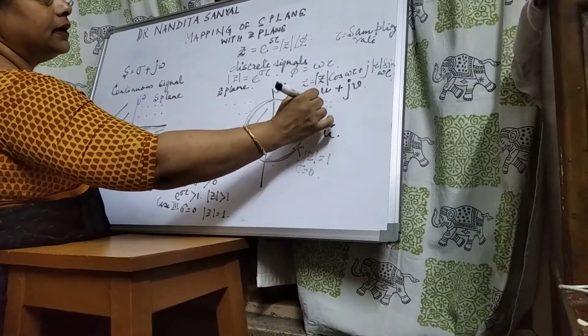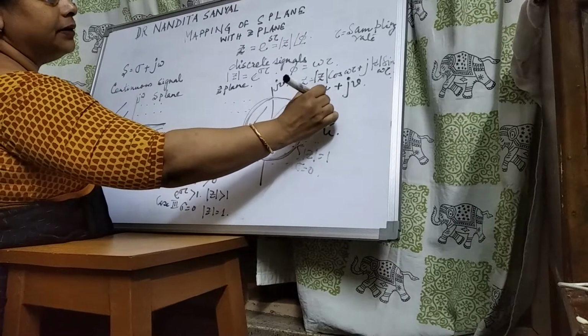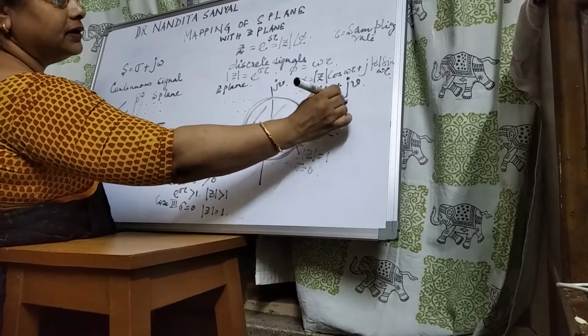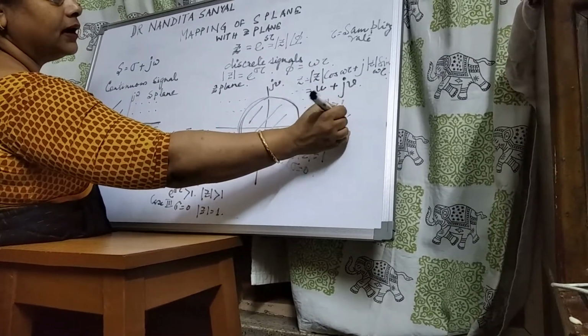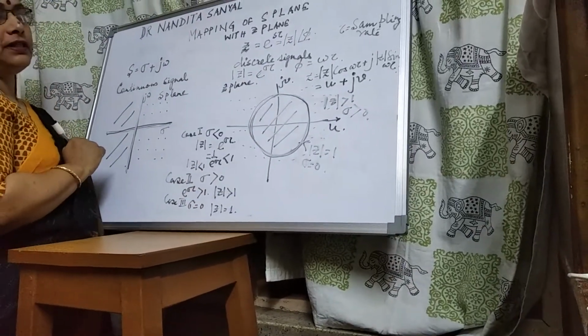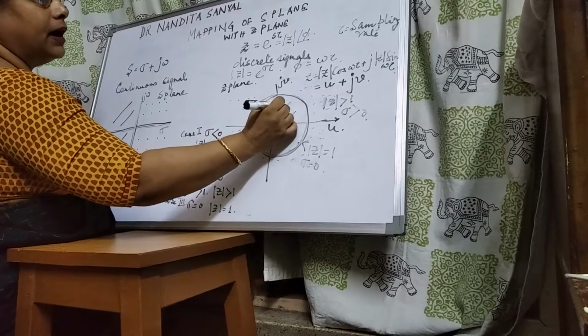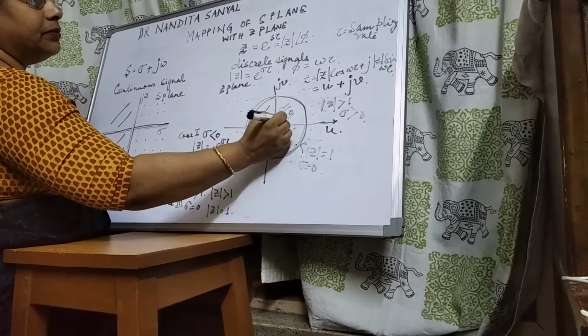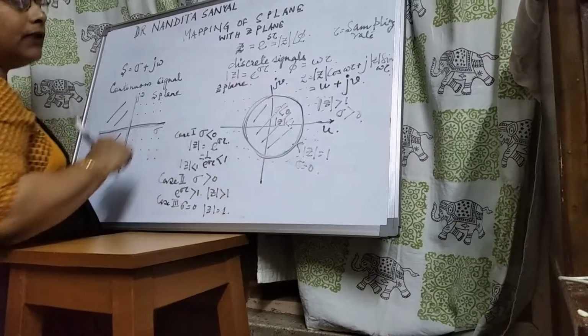The exterior part of this unit circle represents mod Z greater than 1, that is sigma greater than 0. And the interior part of this circle represents sigma less than 0, that means mod Z less than 1.